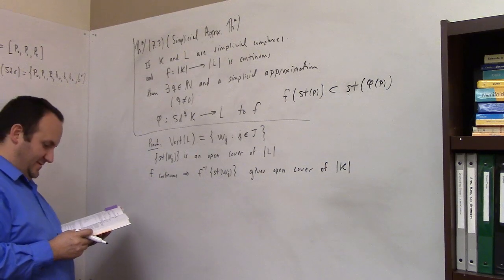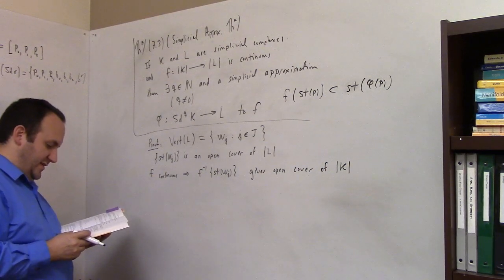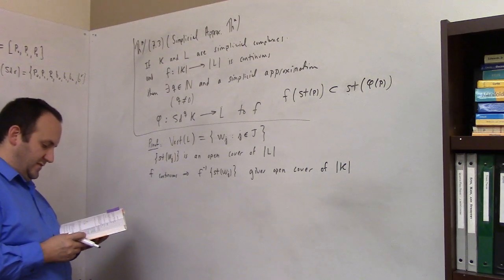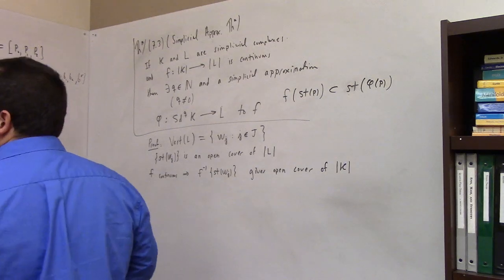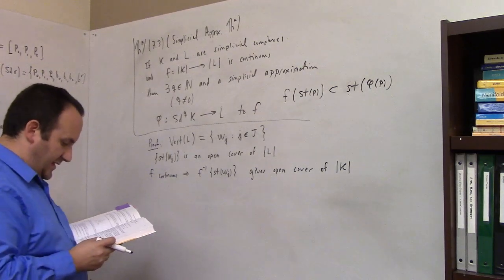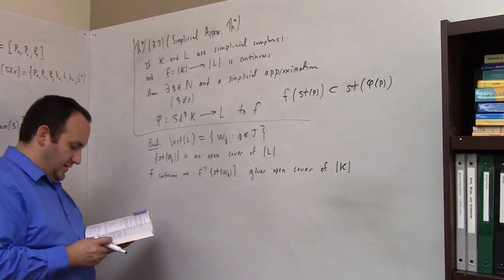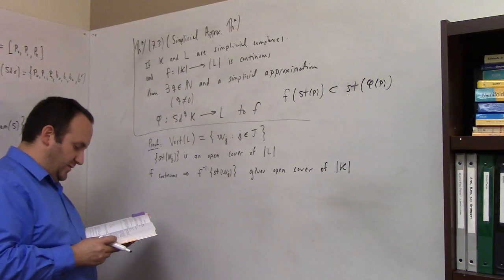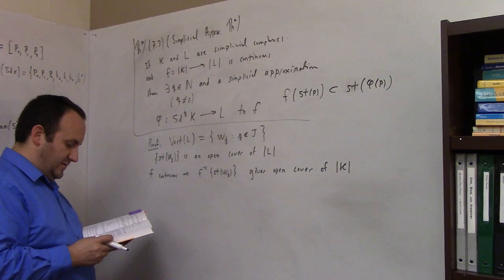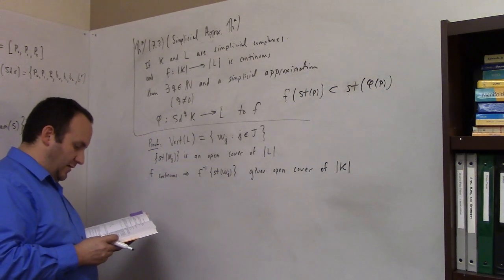Yeah. It has Lebesgue number lambda greater than 0. By exercise 7.16, we can choose Q large enough so that the mesh of the subdivision of K is less than 1/2 lambda. And it follows from exercise 7.15 that the diameter of the star at P is less than lambda for every P in the vertices of the Qth standard subdivision of K.